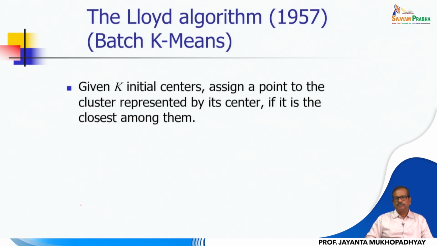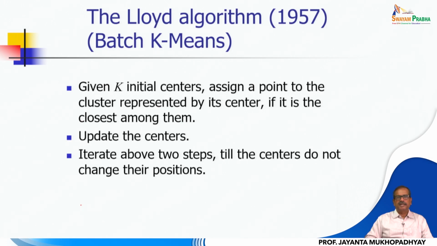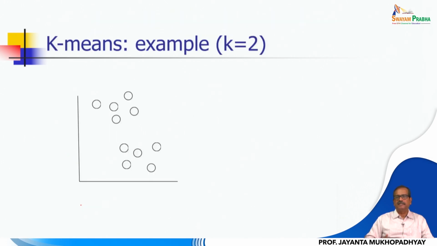Your center points will be changing, but if you iterate this process, it is expected to converge. Ultimately you expect that there is no change if it is properly partitioned. All the center points should be within their clusters, and the points are closest to those centers. When you come to that condition, you can tolerate a few swaps, and then you can stop the iterations. The end result would be that partitioning.